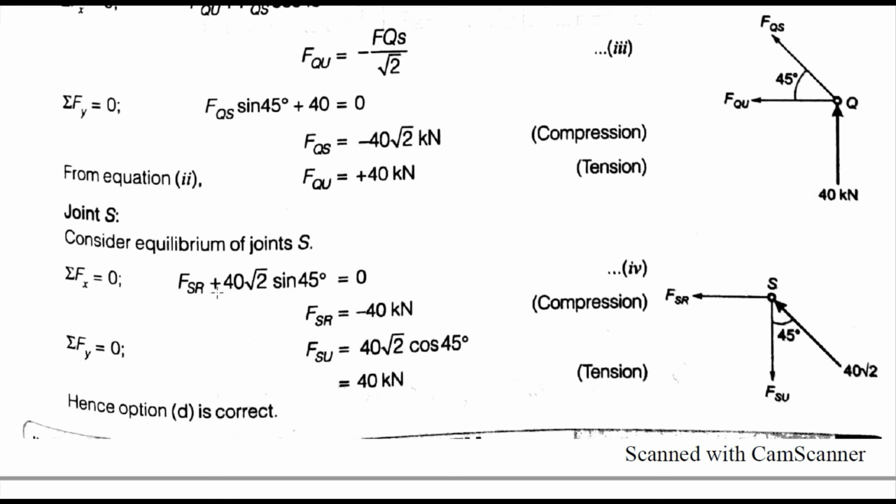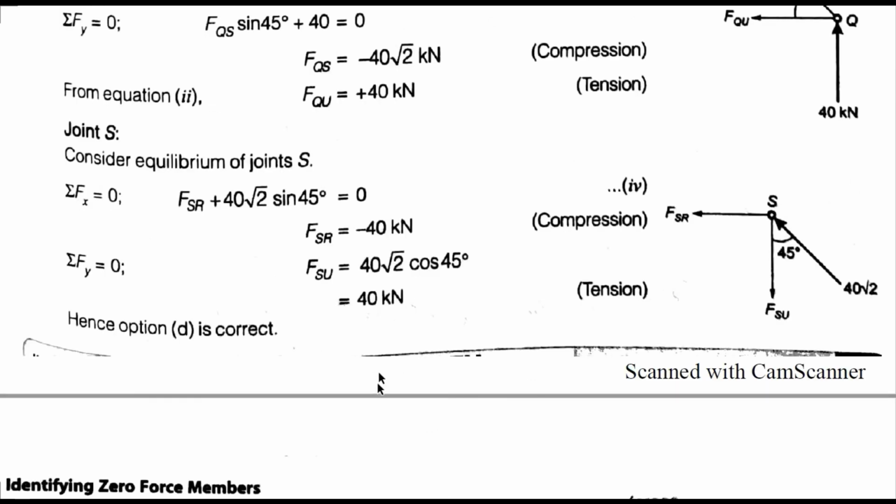We again take summation: FSR plus 40 root 2 sin 45 degree is equal to 0. This is the horizontal part, and the component of FSQ is 40 root 2 sin 45. So FSR is equal to minus 40 here, and for summation of Fy equal to 0, FSU is equal to 40 root 2 cos 45 degree. For the vertical part, it is 40 root 2 cos 45 degree. So from here, FSU is equal to 40 kilonewton.